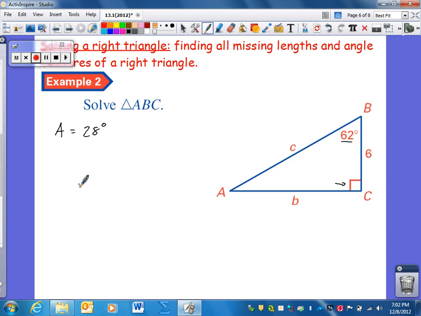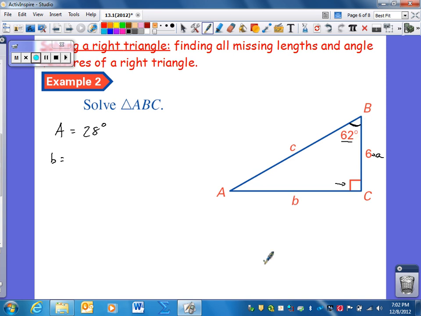Now what I'm going to do is I'm going to find the side length B. So if you take a look, I know side length A. The length of A is 6. I'm going to use 62 degrees, and I'm going to use 6. So if I take a look here, I'm looking at this angle.